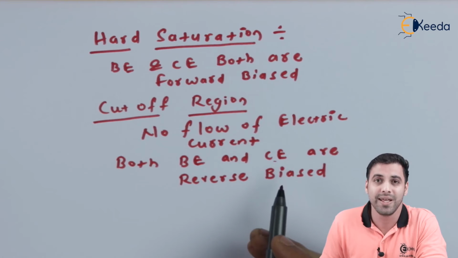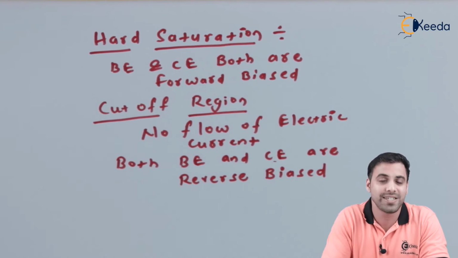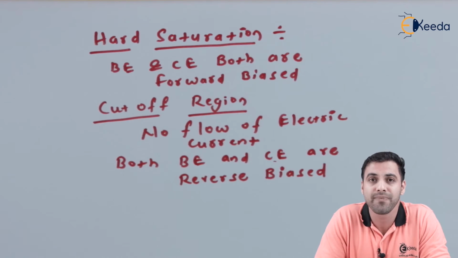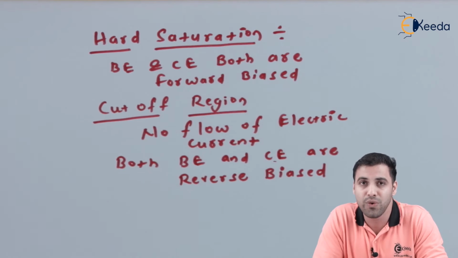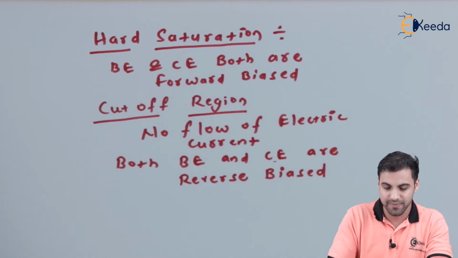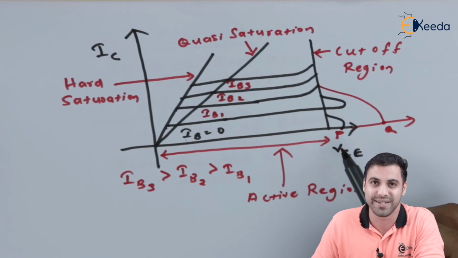Because of this, there is no flow of electric current. In this region, the transistor acts as a switch which is totally off. That means it does not allow electric current to flow through the transistor. So this region here is called the cutoff region.